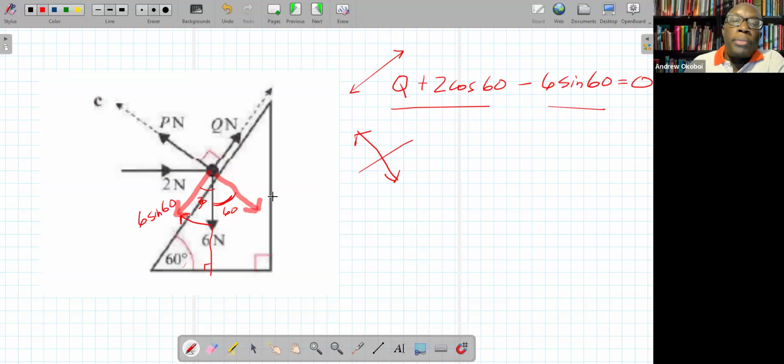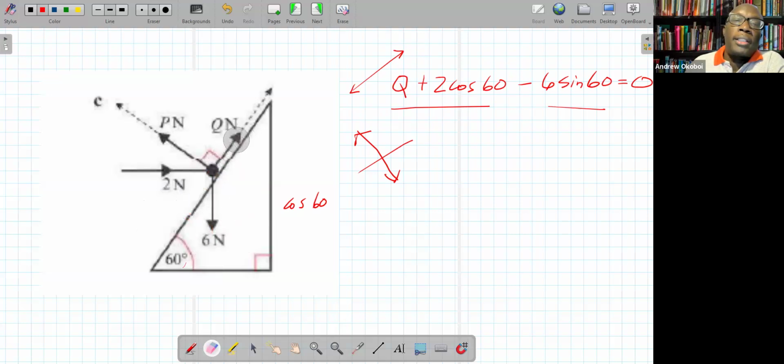Then, of course, this one will become 6 cos 60, because I have passed through the 60 degrees when I did it. Okay, so now resolving perpendicular to the plane, the Q has nothing to do with this.